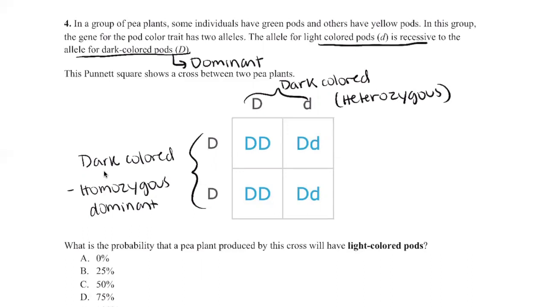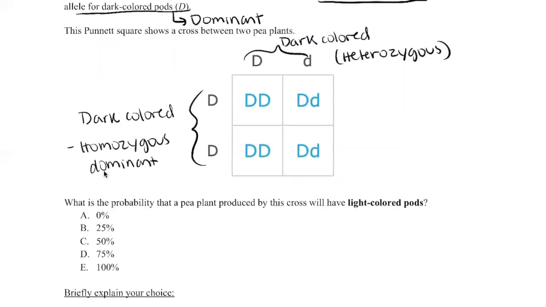Okay, so then these are the possibilities that we get from the cross. We have 2 options where we have a capital D, and we have 2 options where we have a lowercase d and a capital D. So we have 2 different options here. I color-coded them. What is the probability that a pea plant produced by this cross will have light colored pods?